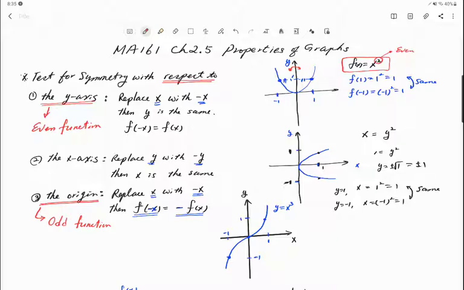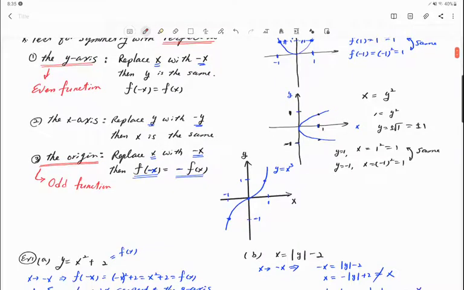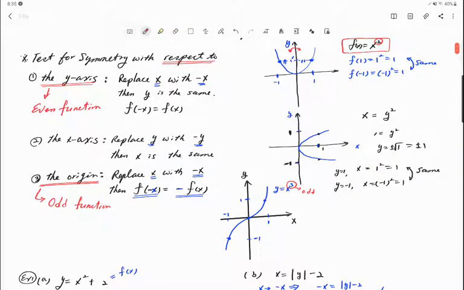So the x squared graph is symmetric with respect to the y-axis. Don't forget this. And how about the odd function? Look at this, x cubed. This x cubed is symmetric with respect to the origin, right? So this one is an odd number. If you think of this power, this exponent, then you will see how we test for symmetry.